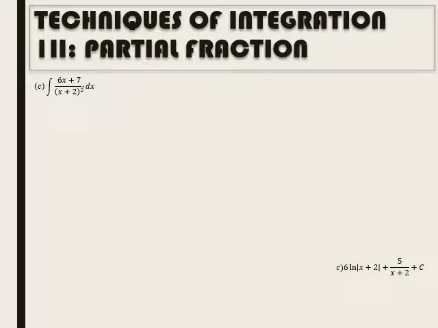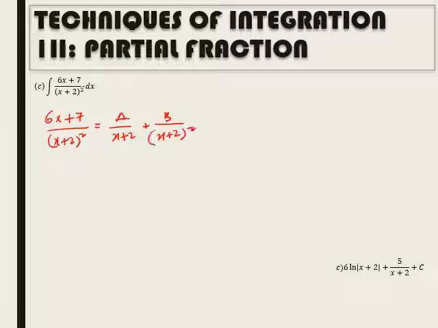So next I'm going to show the repeated linear factor like this. The partial fraction should be a over x plus 2 plus b over x plus 2 squared like this, because it's repeated.